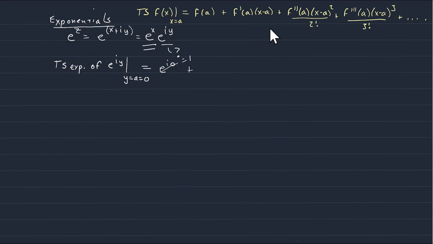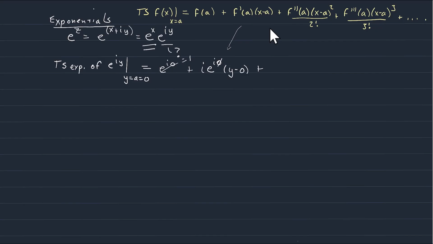The derivative of e to the u is just e to the u, and then we have to take the derivative of u with respect to y, and that gives an i. So that gives e to the i0, and then we multiply that by y minus 0. That's the first derivative term.